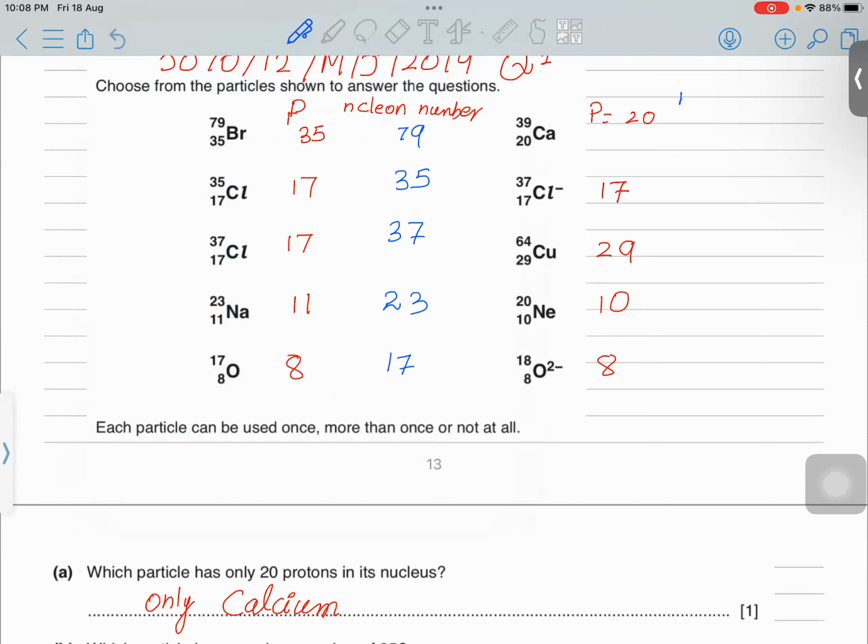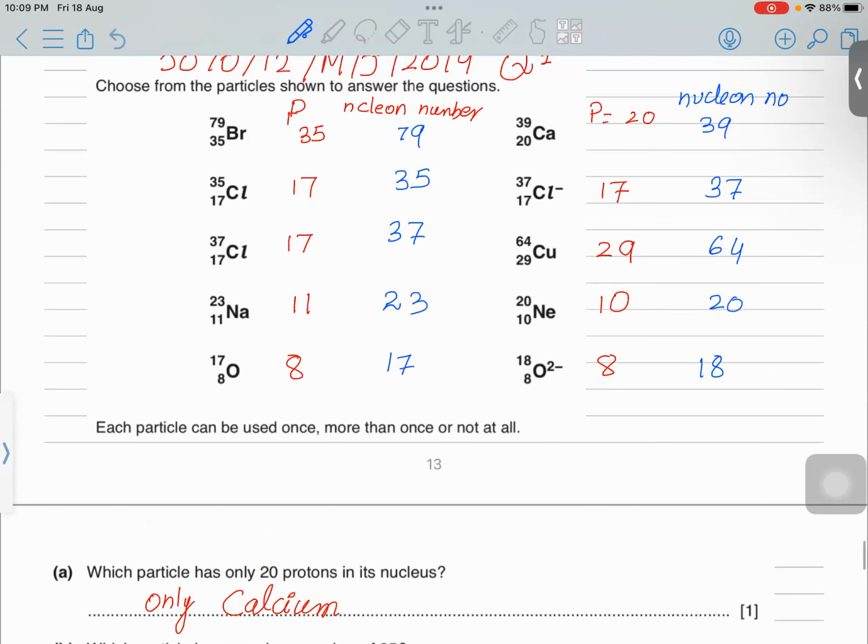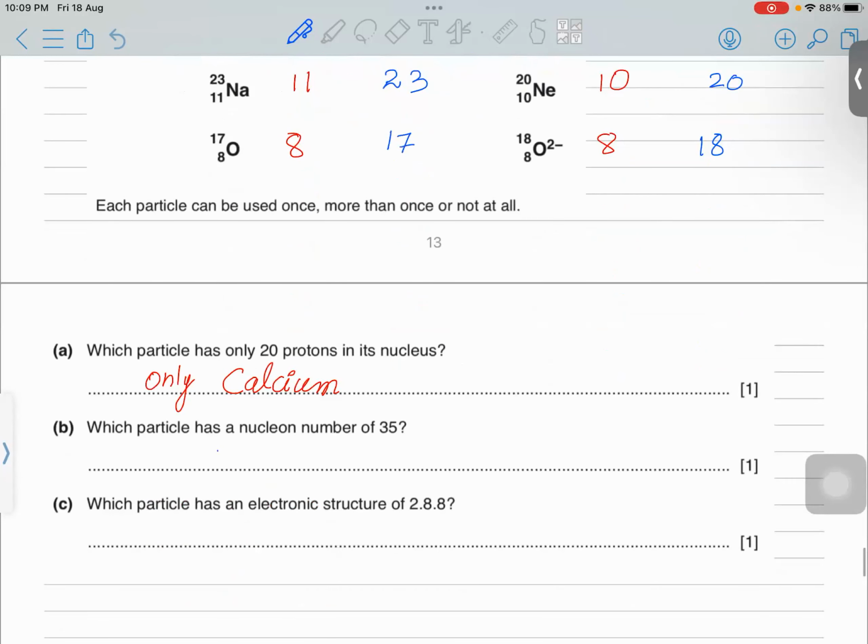Here we have 39. Here we have 37. Here we have 64. Here we have 20. Here we have 18. So where is 35? You have only one, so chlorine 35, 17.